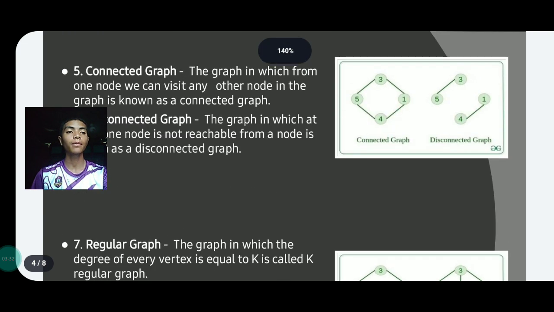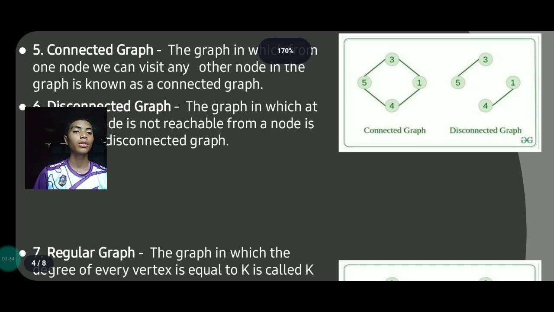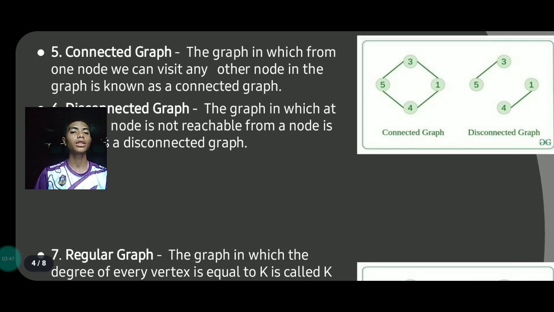What is the example? Connected graph, everything is connected. Disconnected graph has only one pair connected. In a disconnected graph, a node is not reachable from one node.